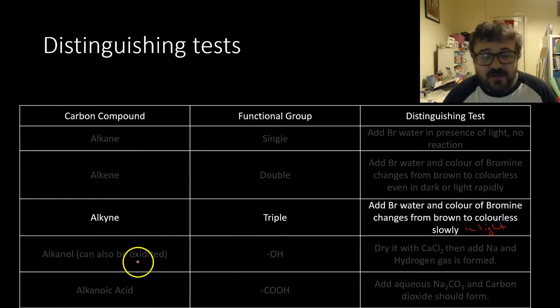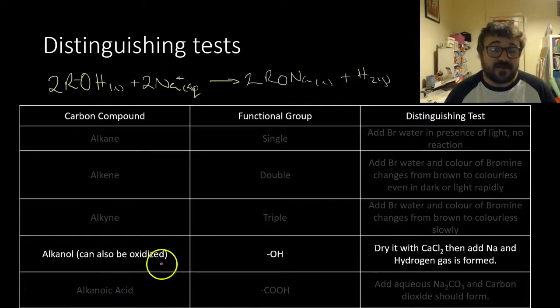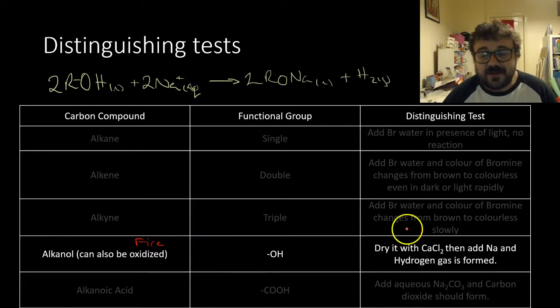We have alkanol. If we have an alkanol, we can burn it. That's one thing you can do with an alkanol. That's what it means here by oxidized. So, fire. You can burn the others too, but alcohols, or alkanols, burn quite easily. But if we dry it with calcium chloride, and then we add sodium, that should be a solid.